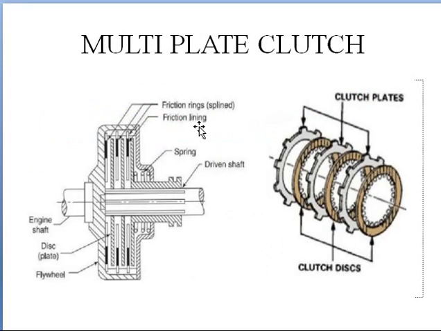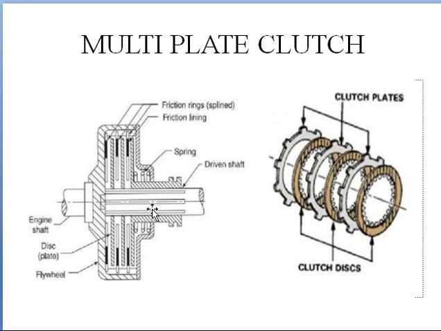Next one is multi-plate clutches. In the case of multi-plate clutches, we have n number of plates. Here in the figure, the black color one is the frictional lining, this is the spring, this is the driving shaft, this is the engine shaft, these are the disc plates, and this is the flywheel.